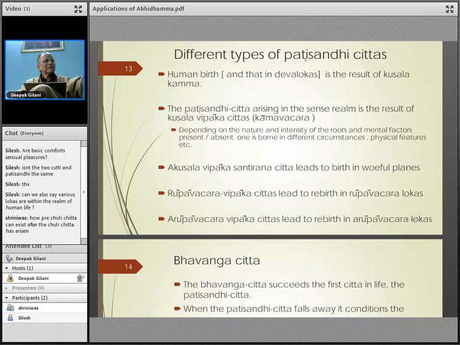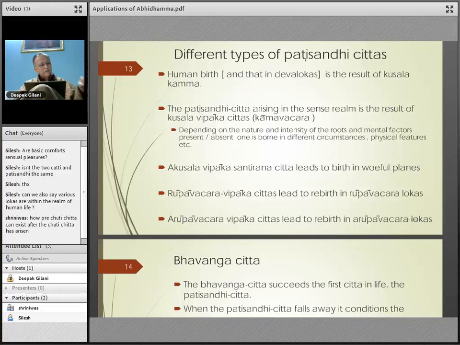Some of them are delayed responses. The example is given that some trees fruit immediately, some trees give fruit within a few months, some trees give fruit after a few years. So depending on the nature of the karma, the impact can be felt in subsequent chittas also. Especially the decisive support condition, as it is called, can have its impact after many chittas have passed.